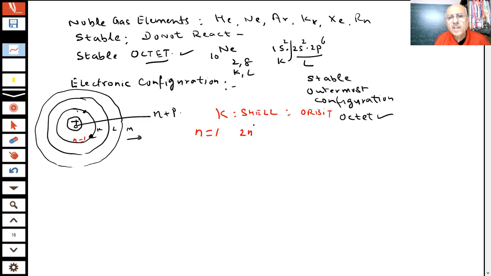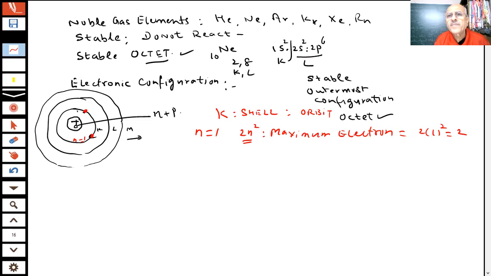And by the 2n square rule, this is the maximum number of electrons that can be there in any shell or any orbit. For n equal to 1, it is 2n square, so 2 into 1 squared. So there are two electrons in the first shell. Similarly, we can find them in the second shell.